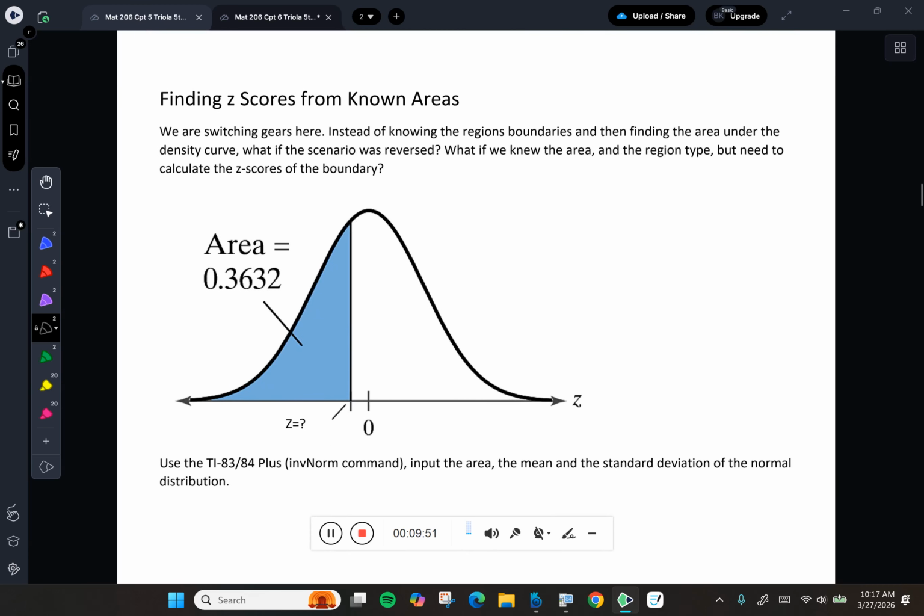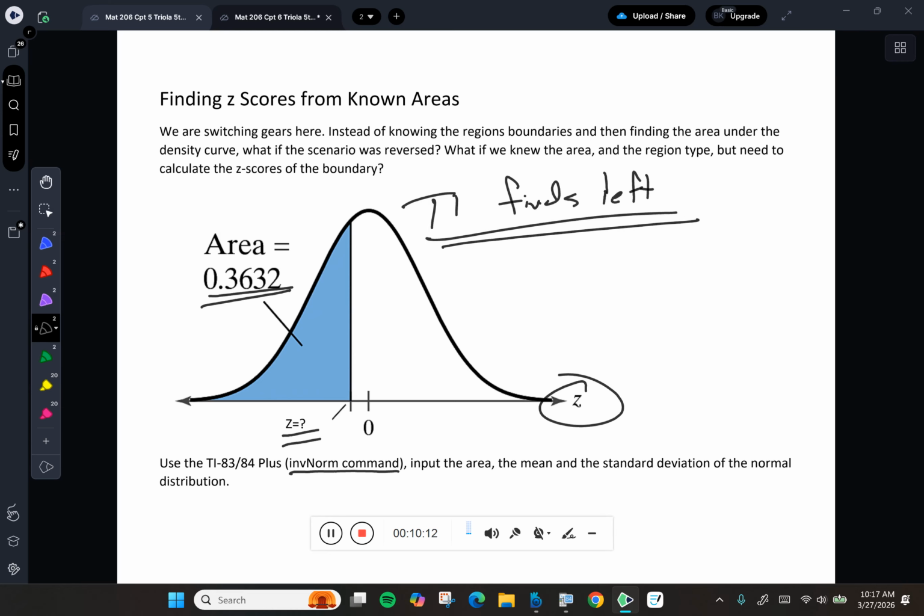Now we've already looked at this problem, but this is that inverse normal command, where we're told an area and we want to find a z-score, because we're told it's a z. Remember that the TI can only find left tails. If you happen to be using a Casio or something like that, it might be able to find right tails as well.